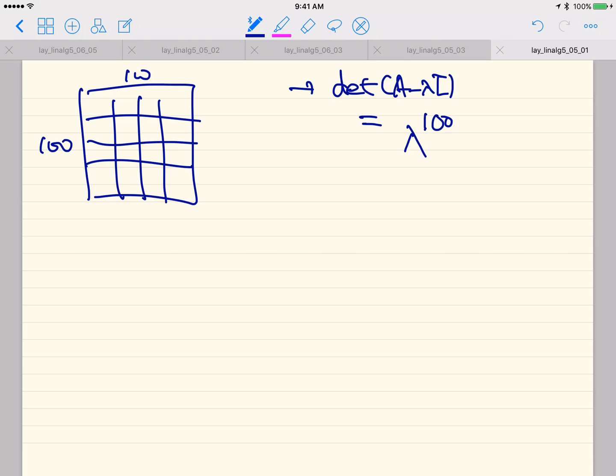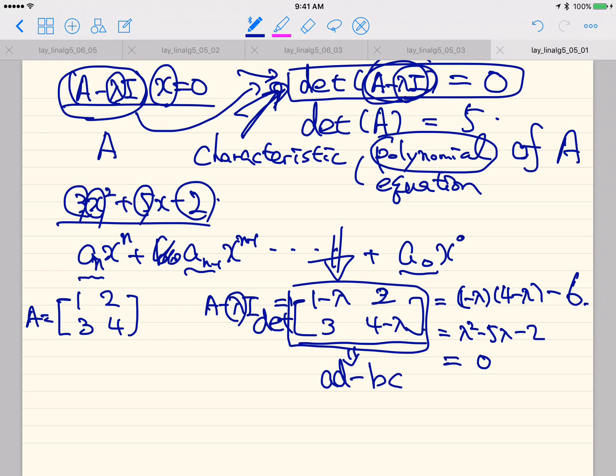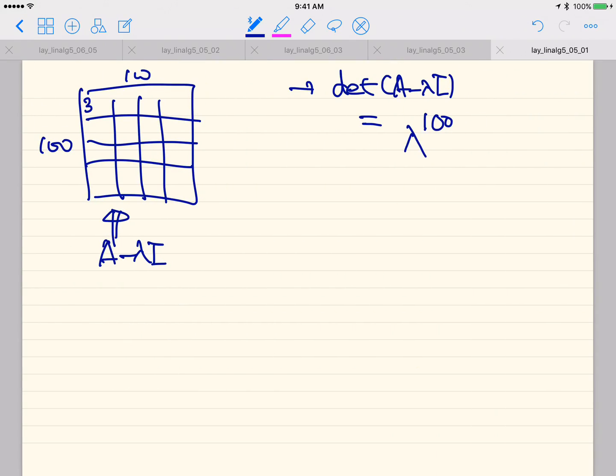I'm not going to give you the rigorous proof, but you can think about this kind of thought experiment. Let's think about where we can find lambda in our matrix A minus lambda I. As we saw in this example, if the original diagonal values of matrix A were 3, minus 2, 1 and 5, then the diagonal becomes 3 minus lambda, minus 2 minus lambda, 1 minus lambda, and 5 minus lambda.